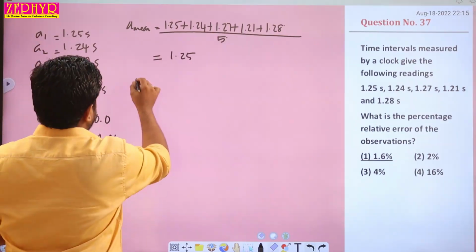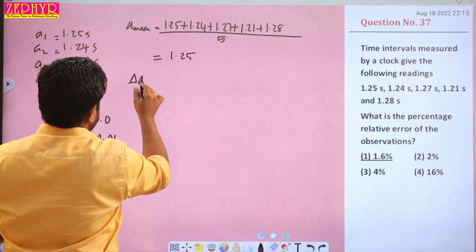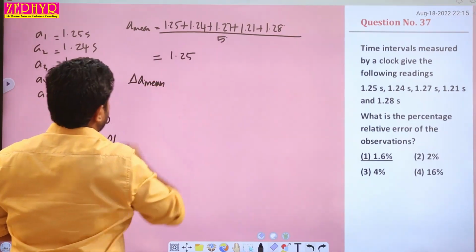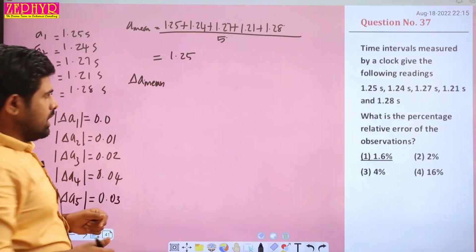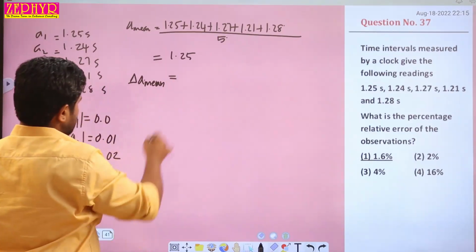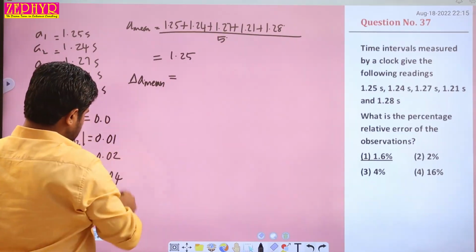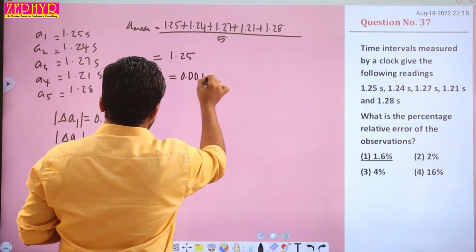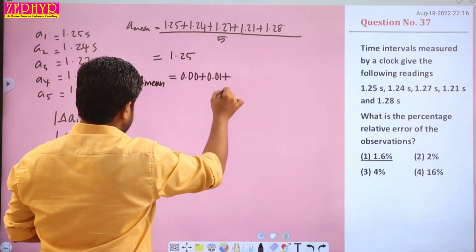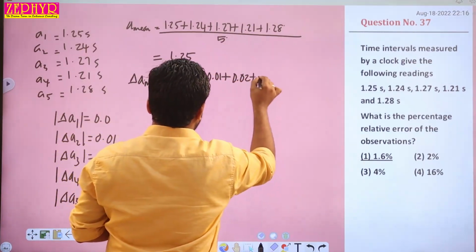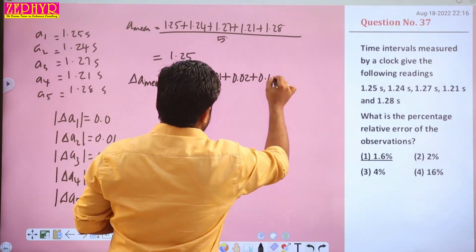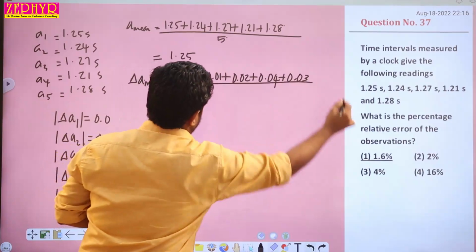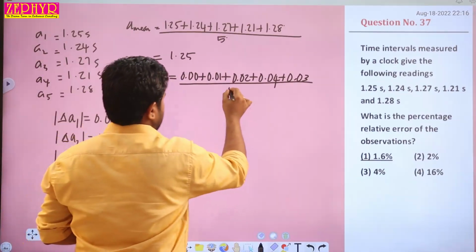Then again, to find the delta A mean, that means the mean absolute error, you add all these values: 0.00 plus 0.01 plus 0.02 plus 0.04 plus 0.03, all divided by 5.